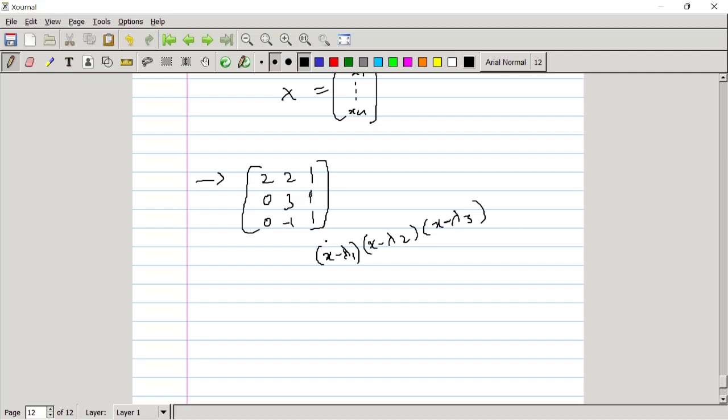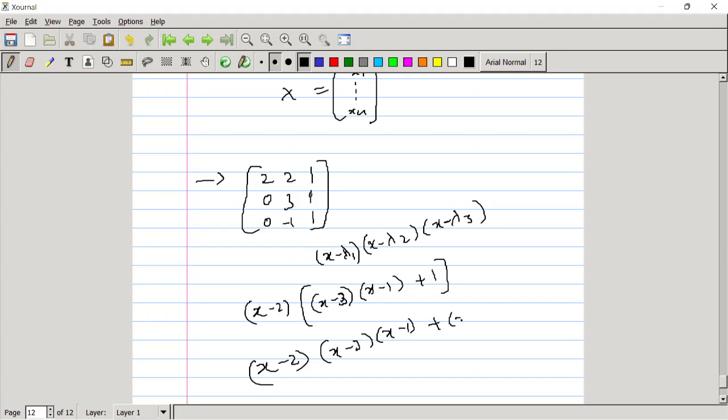Okay, let me calculate the eigenvalues. x minus 2 times x minus 3 into x minus 1 plus 1. This is nothing but x minus 2 into x minus 3 into x minus 1 plus x minus 2. This has to be equal to 0.